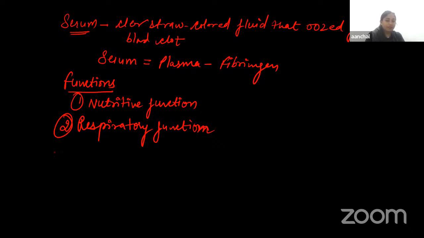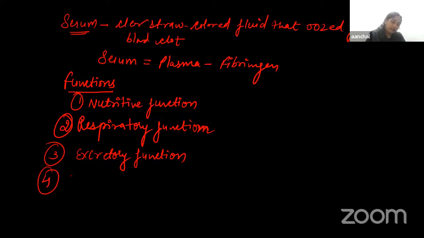Then next we have excretory function. Waste products formed inside the tissue due to various metabolic activity are removed by blood and carried to excretory organs like kidney, skin, and liver for excretion.